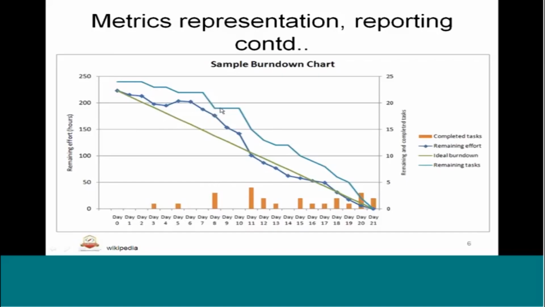You can see the total number of tasks has come down from 25 to 20. Similarly on day 11, 5 plus another 4 is 9, so the total number of tasks completed should become about 9. 25 minus 9, about 15 tasks are remaining.